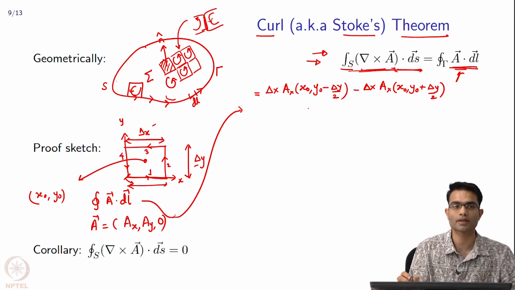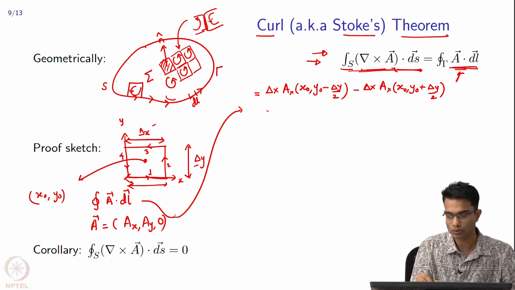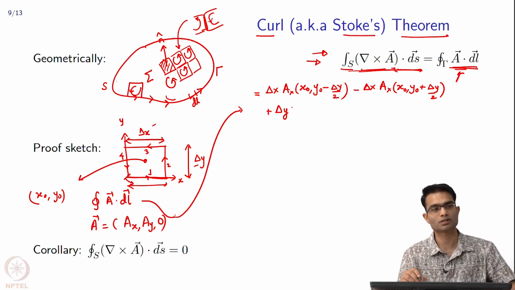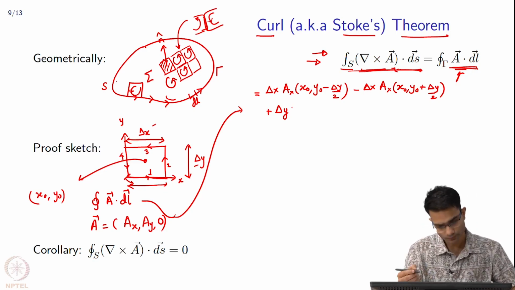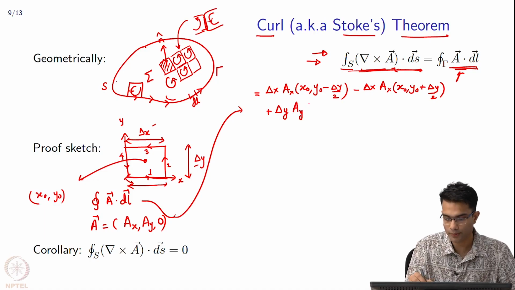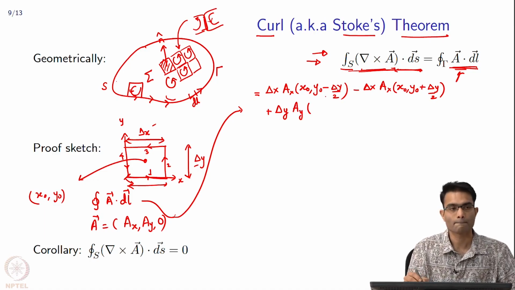Now, let us go back to the remaining two paths, which are path 2 and path 4. So, for path 2, what is the differential element? Delta y. What component of A is along this path? Ax or Ay? Ay is going to be my component. What are the coordinates? X naught plus delta x by 2 and y naught.